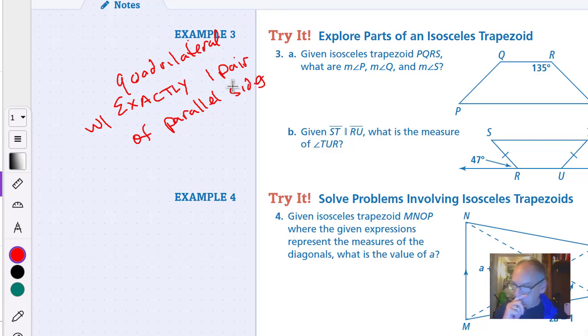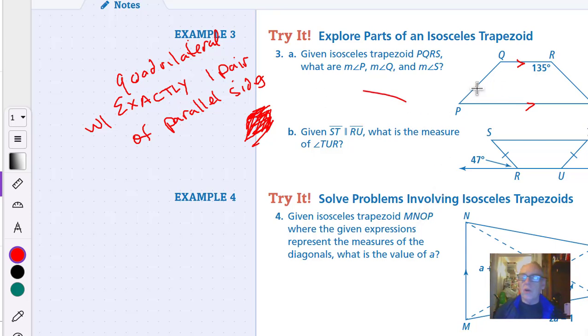So these sides really have to be different lengths. We're going to see a little bit later that if we have two opposite pairs of parallel sides, we have what we call a parallelogram, which has properties that are different from the trapezoid. But a trapezoid has exactly one pair of parallel sides.